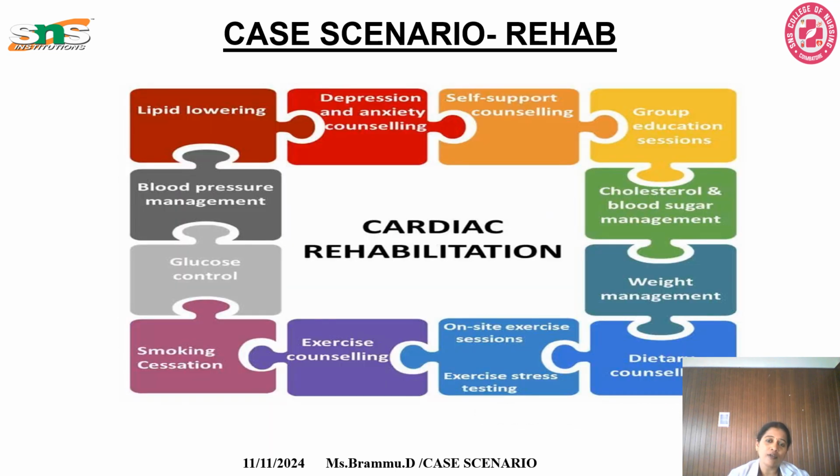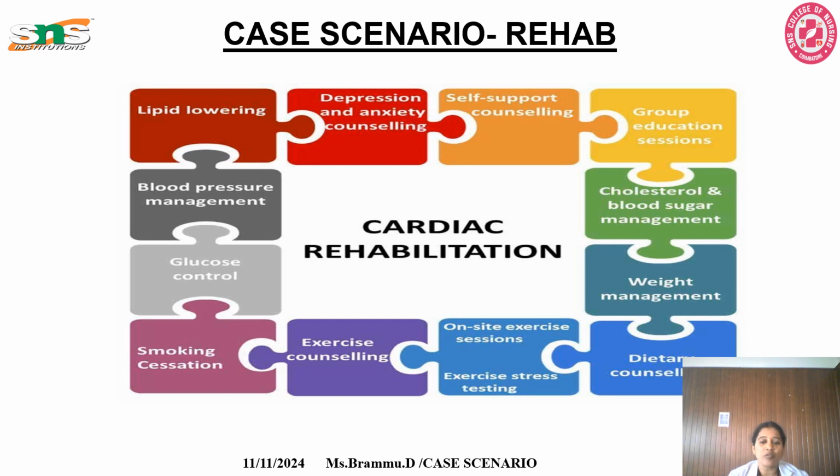So coming to the rehabilitation session, lipid lowering agents can be planned, depression and anxiety counseling will be given, self-support counseling and group education sessions will be planned for these cases, and how to maintain the cholesterol level as well as blood sugar management will be explained to the client.